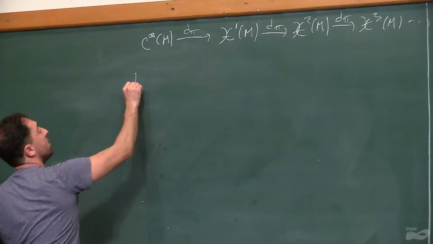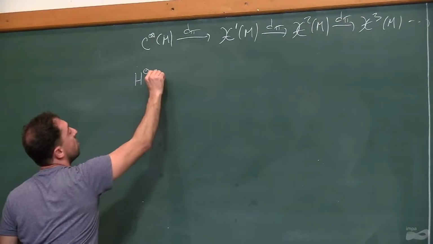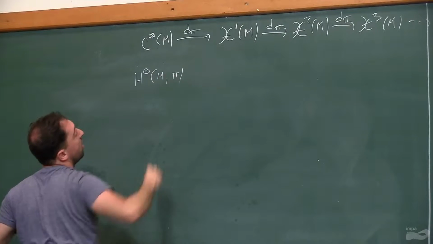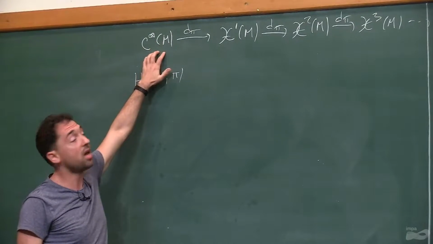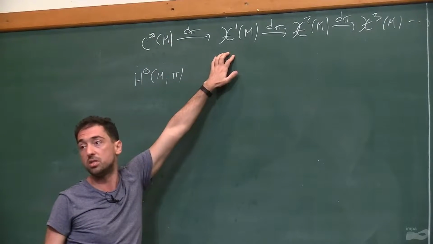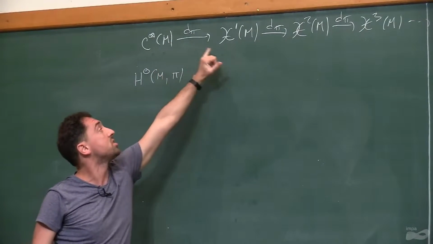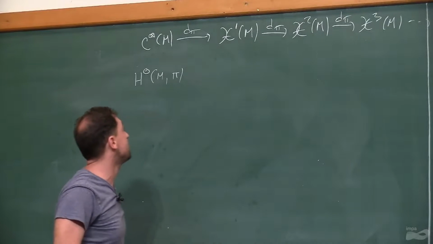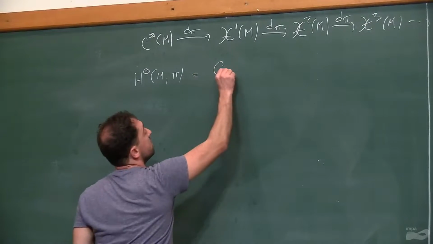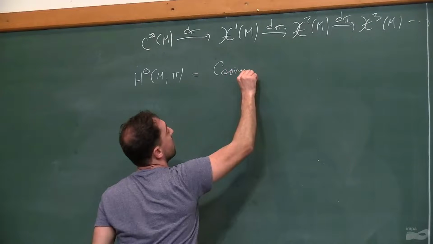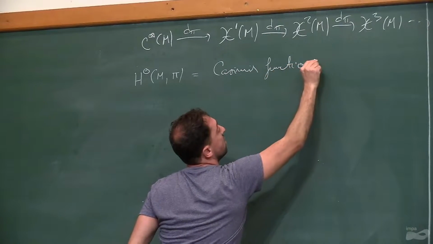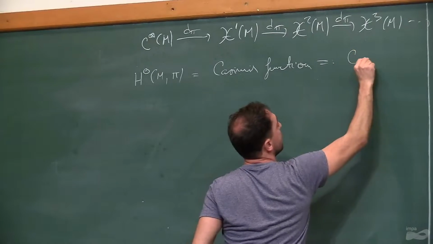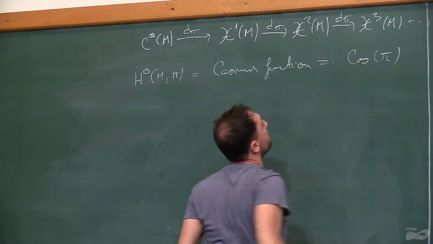Now if you look at H0 of M, pi, the map here is basically you take a function and look at its Hamiltonian vector field. So the H0 will be just the kernel of this map, and these are called Casimir functions. I will denote them by Casimirs of pi.